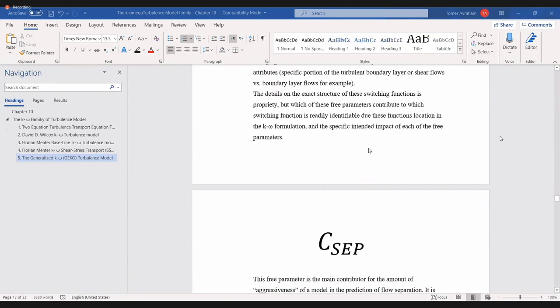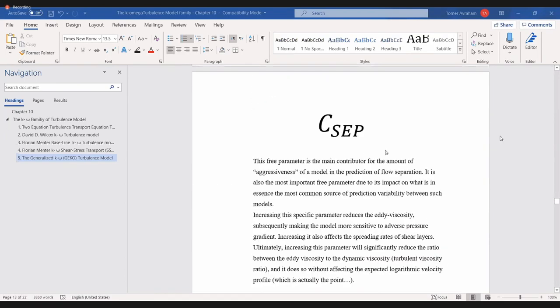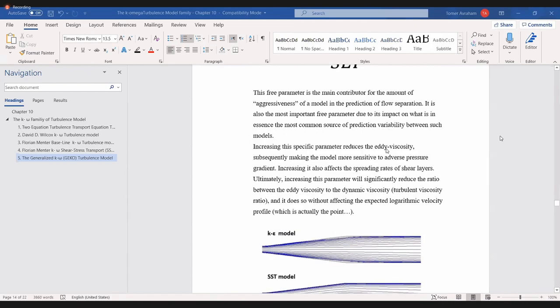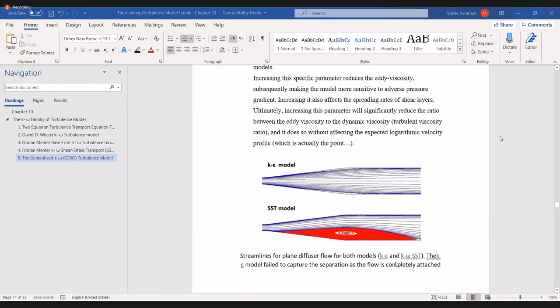Okay, so we'll continue. So the Gecko offers, it's supposed to offer, here you see you can play with, like, the k-epsilon doesn't recognize here the adverse pressure gradient. The SST model does recognize it.